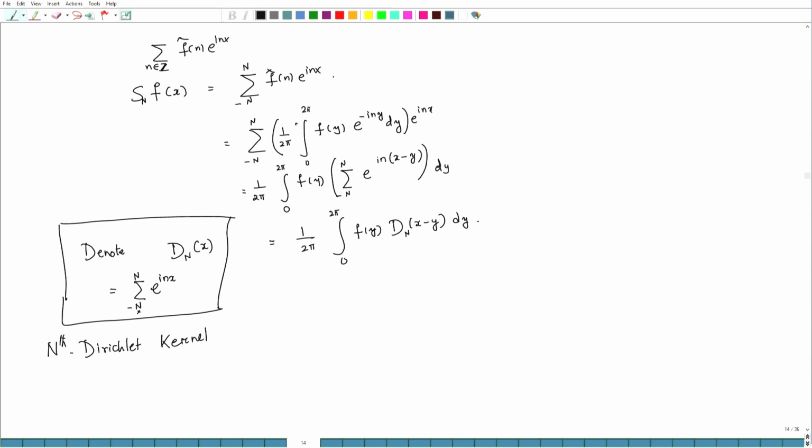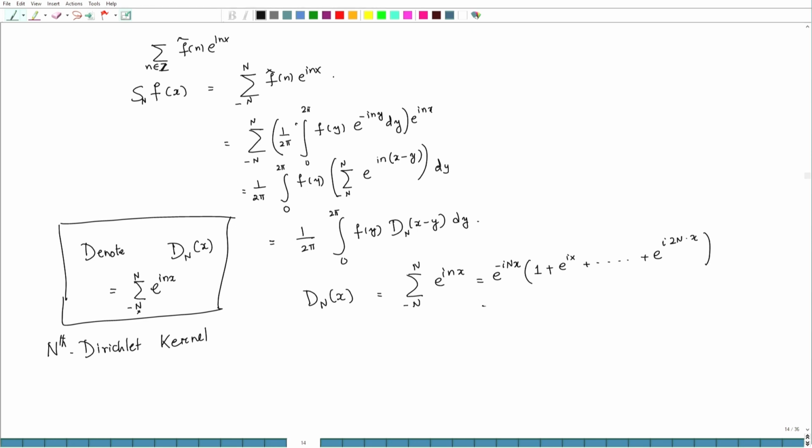A simple derivation will say d n of x is equal to, if I take e to the power minus i n x outside, the first term is 1 plus e to the power i x, and this goes up to e to the power i 2 n x.